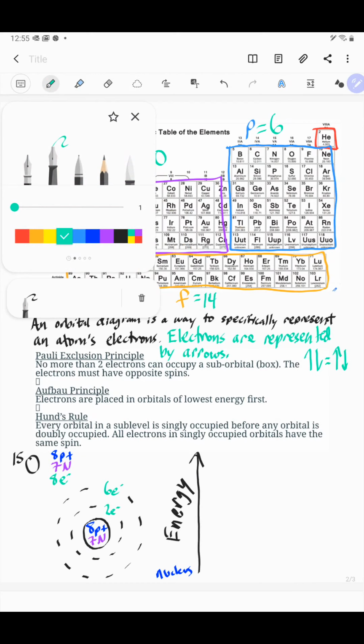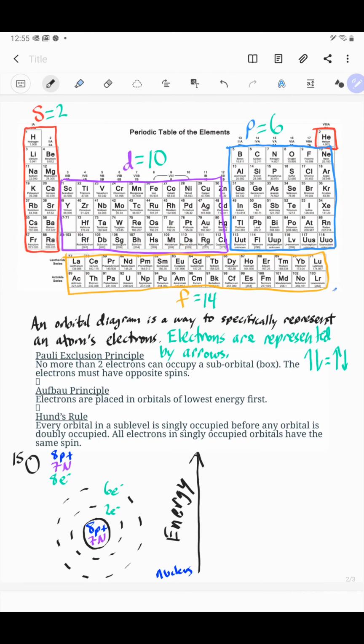So let's start drawing our orbital diagram, and our first orbital is going to be on the first energy level. So looking at our periodic table, we have our energy levels as the row number. First energy level, second energy level, third, fourth, fifth, sixth, seventh. And those are going to correspond to the energy levels in the Bohr model, and also the energy levels in this orbital diagram.